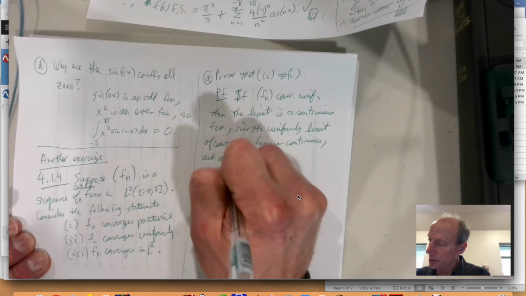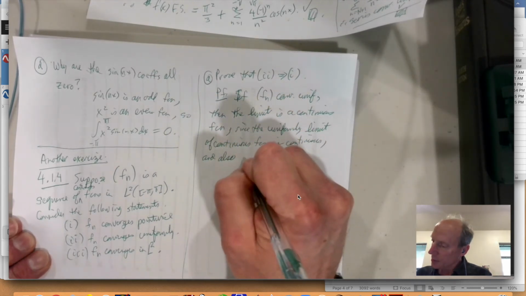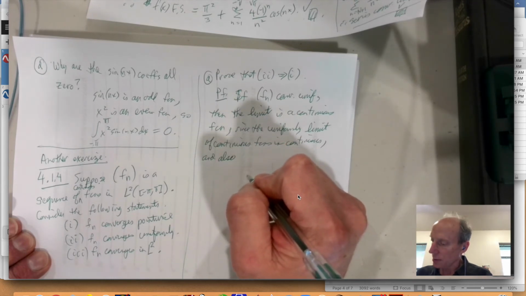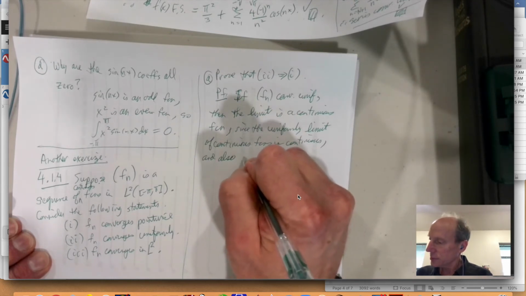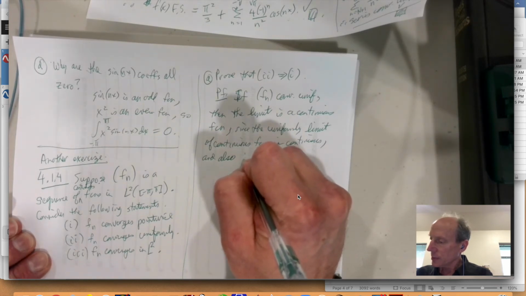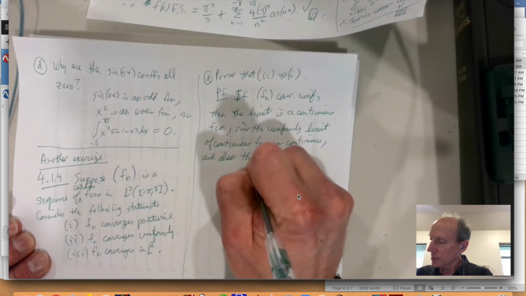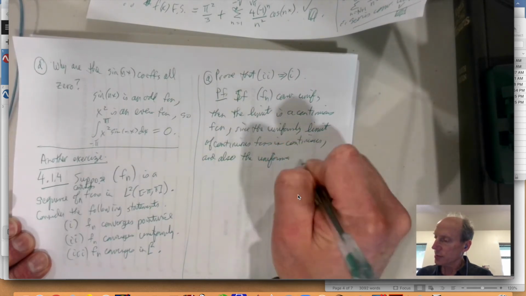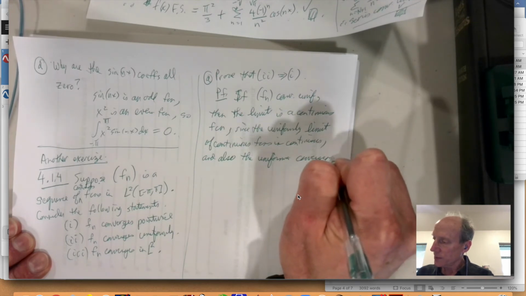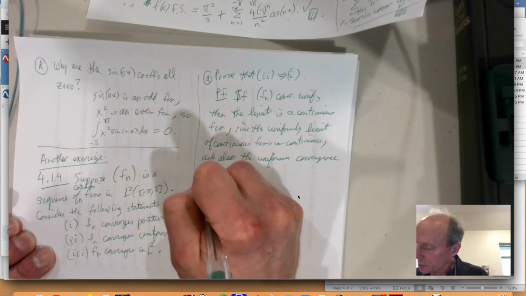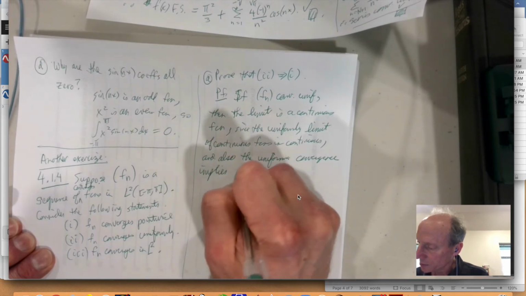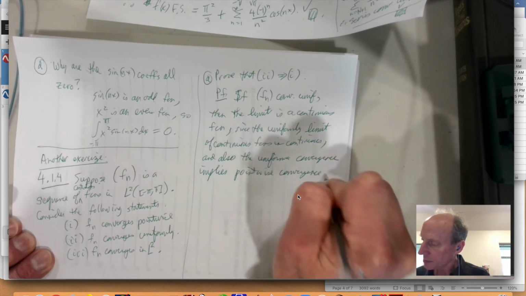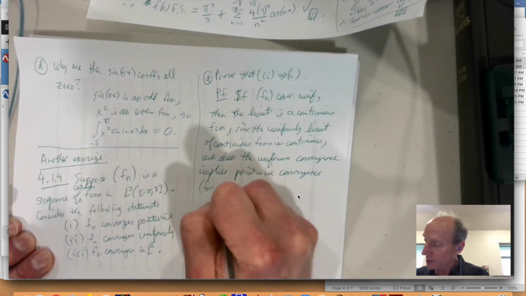And also, uniform convergence implies pointwise convergence for any sequence of functions.